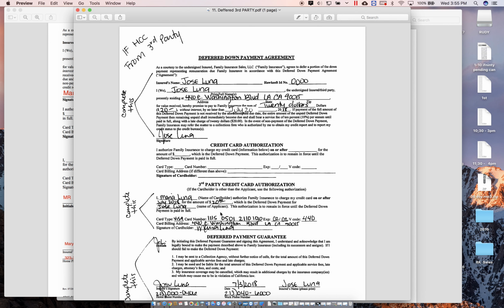Now, the third-party credit card authorization part is going to be filled and signed by Maria Luna. I'm assuming she is the wife, so the credit card is under her name. The information requires us to fill it out, and Maria would sign it. Maria is authorizing us to deduct the payment of the $20 for the policy, which is under Jose Luna.